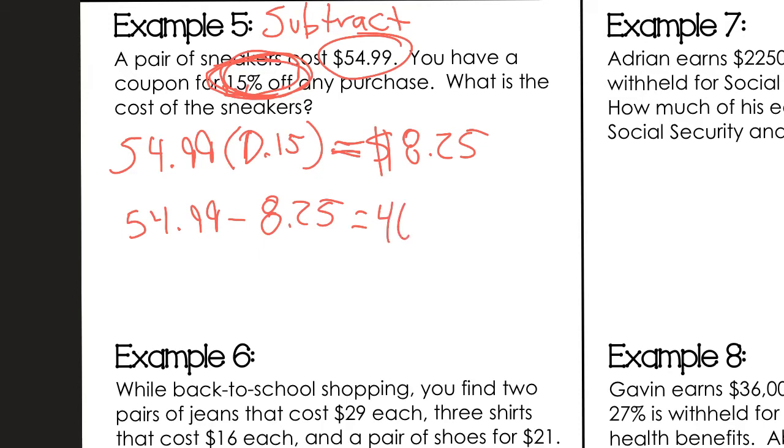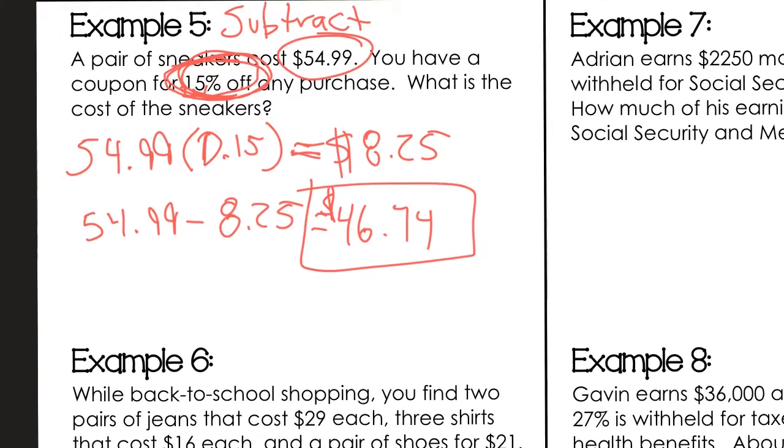And then 99 minus 25. Well, 100 minus 25 is 75. So we just do one less than that, right? So it'd be 74. So our total would be 46.74. Okay? Again, we subtracted. So make sure you've got that written down.